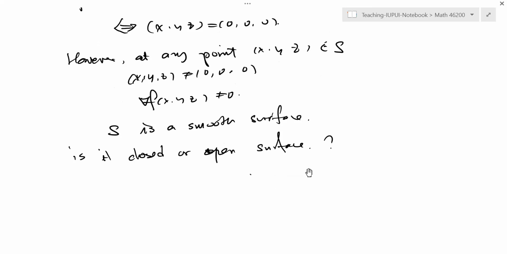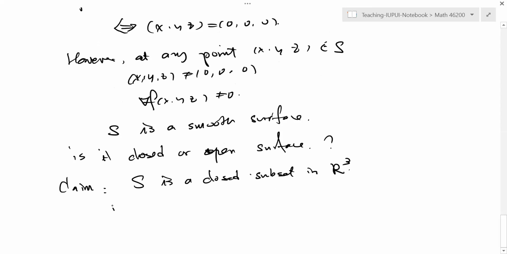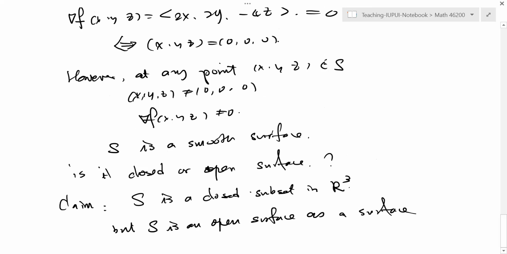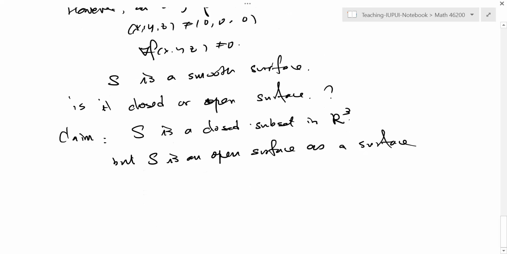So my claim is S is a closed subset in R3, but S is an open surface as a surface. Now, how do you see that? Why is it open? That means it's unbounded actually.